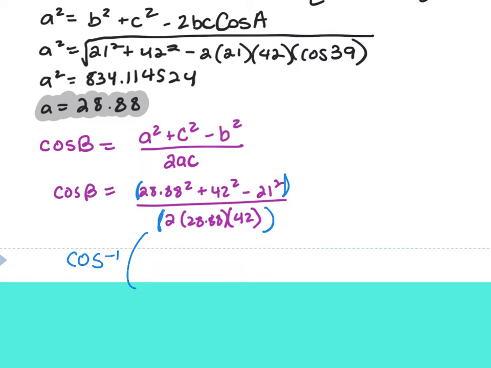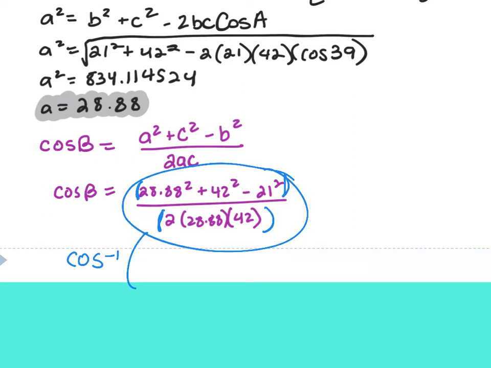You're going to get a number bigger than 1, you're going to get an error. It's wrong. You have to group them. So you have to group your numerator and you have to group your denominator. If you don't, you're going to get an error, you're going to get frustrated, and I'm going to in my head be thinking, I told you so, and you don't listen to me, because you have to group your numerator and your denominator. Even if you just do this part first and then do cosine -1, you'll still get the error if you don't group it.